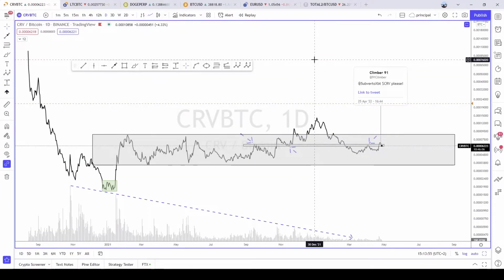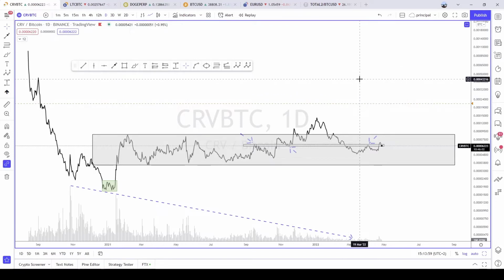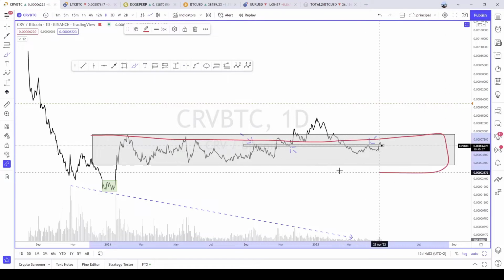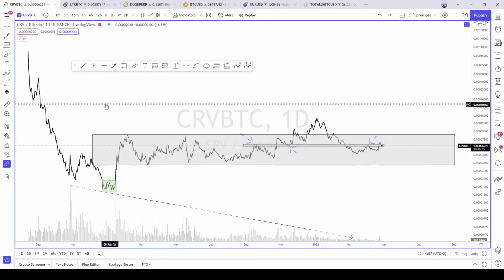So let's start with the CRV BTC, where we can see a big consolidation in this gray box just here. The price has been flat for more than 1 year, 1.5 years, so there is nothing to do on this one.